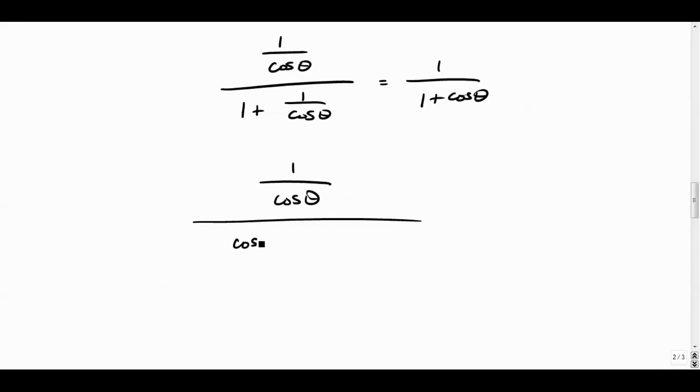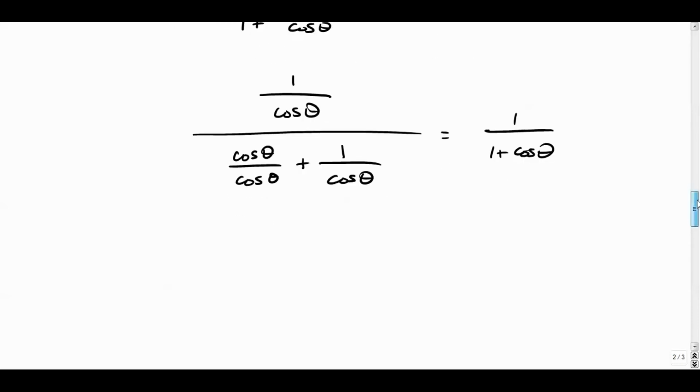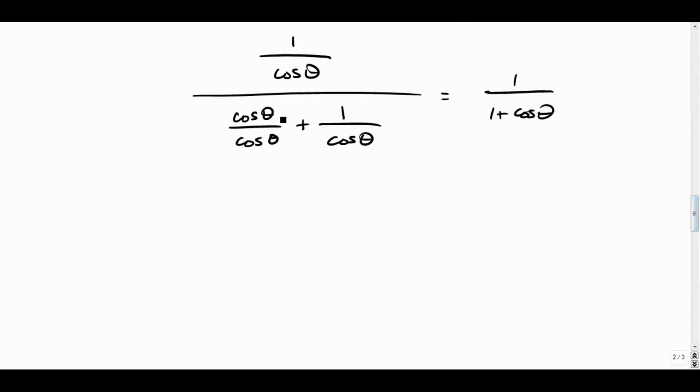I want to get a common denominator. So I'm going to change 1 to cosine theta over cosine theta. Right, that's just equal to 1. But I did it in that way so I can get common denominators. So now I can add cosine theta plus 1 in my denominator. Cosine theta plus 1 over cosine theta. My numerator hasn't changed.